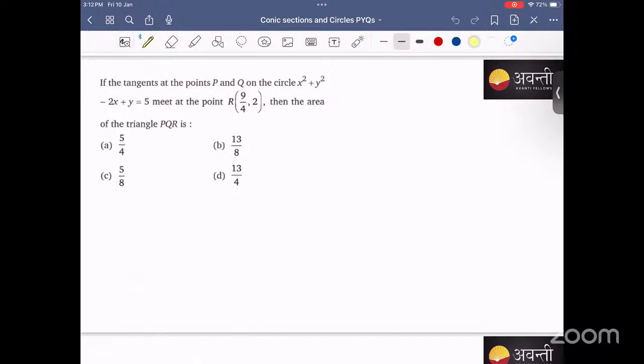All right. So let's do it. Now see, the tangents at points P and Q on this circle meet at point (9/4, 2). This is the circle.